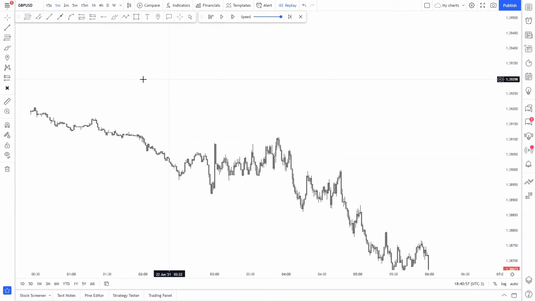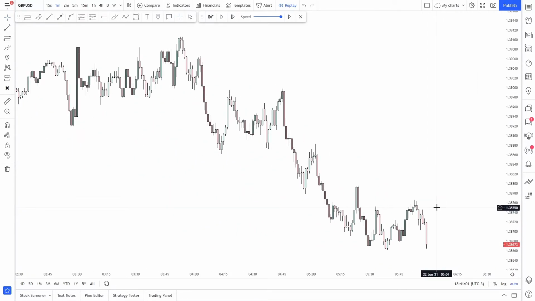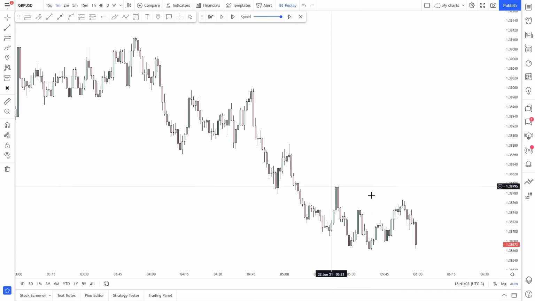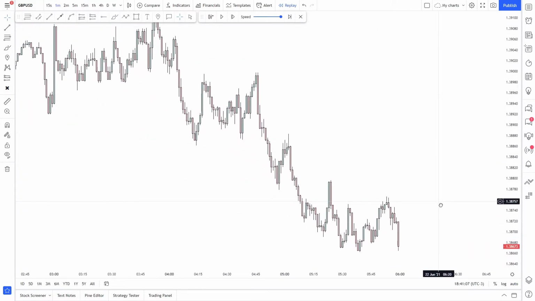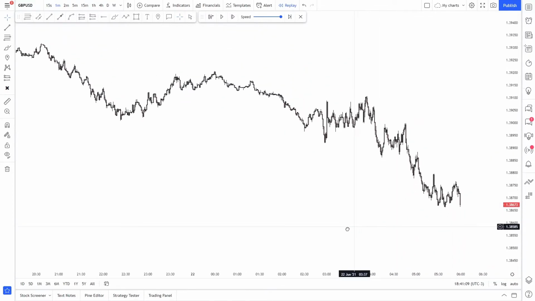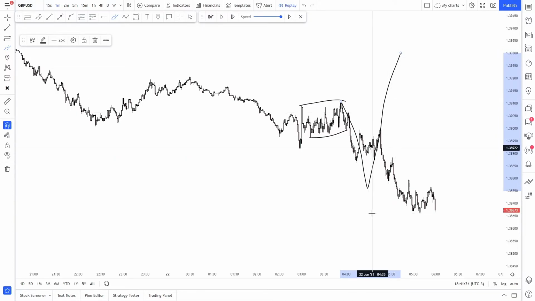Oh, I mean, I've come back to draw the 1 hour order blocks that we have there. I'm kind of feeling laggy, the browser, not quite sure why, but let's just forget about it. So, very continuous push down. This for me, if I would have been up for this move, I would have considered this as a fake range, so I would have expected price to do something like this.